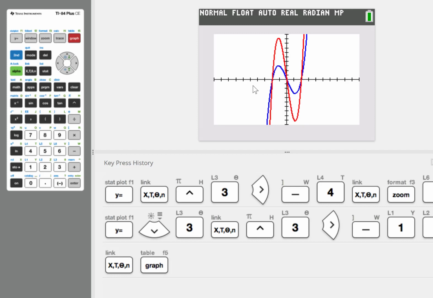Now we're trying to figure out how could we describe the change that happened to the blue graph. And hopefully what you can see here is it looks like somebody grabbed this piece and stretched it way up high, and somebody grabbed this piece and stretched it way down low. So it looks like it's been vertically stretched, vertically meaning up and down, stretched out as opposed to squished in.